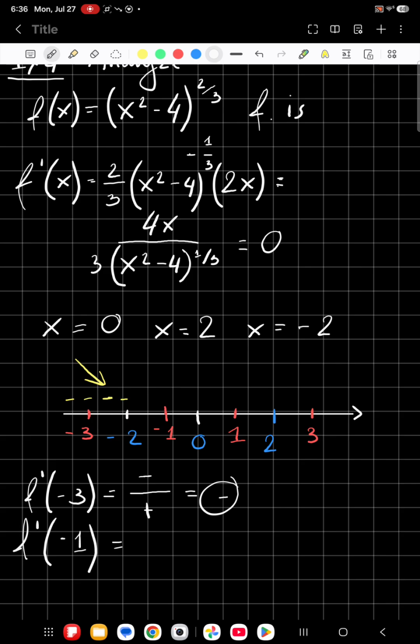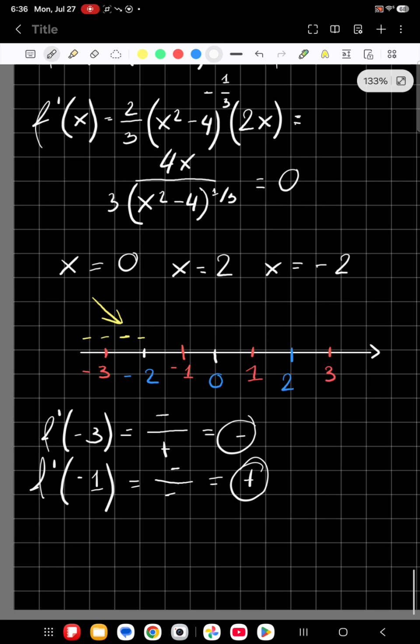I'm plugging negative 1 into the numerator, so that's going to be negative, as 4 times negative 1 is still negative. And the denominator is going to be negative just by looking at it: negative 1 squared is negative, cube root of negative is still negative, times 3, negative. So I have negative over negative, and the whole thing will be positive.